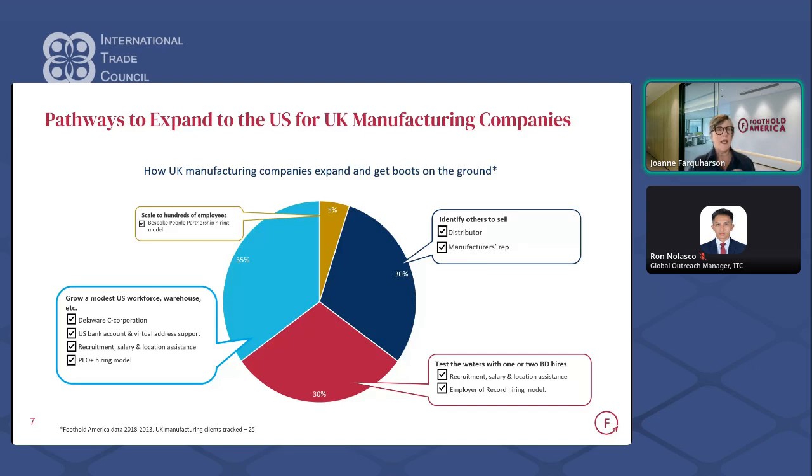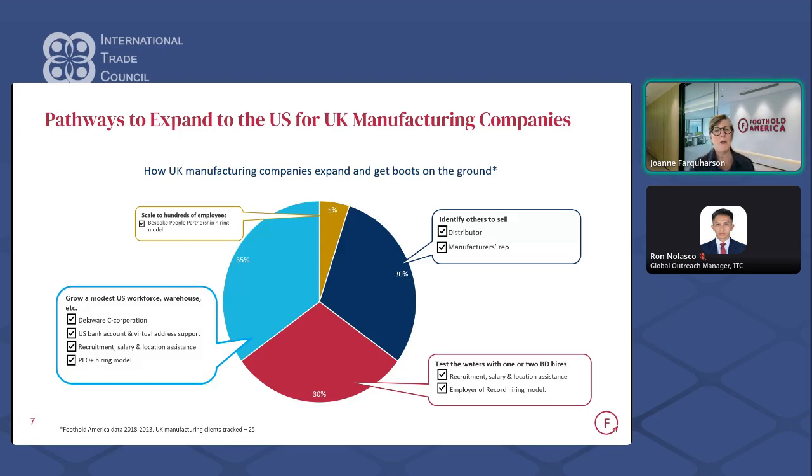So they have a product and they want to get the product there using the international trade resources available through the Trade Council and some other groups. And they'll say, we're going to get our product into the US, but someone else is going to help us distribute it and sell it.